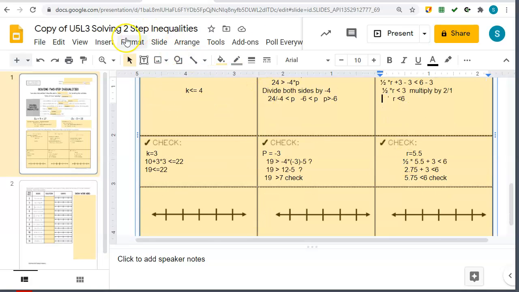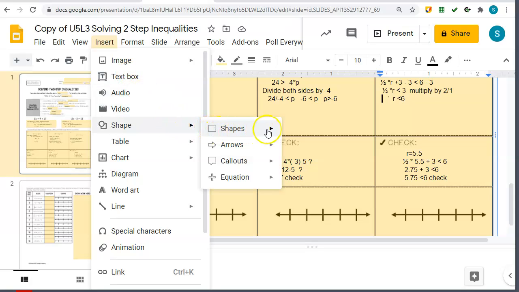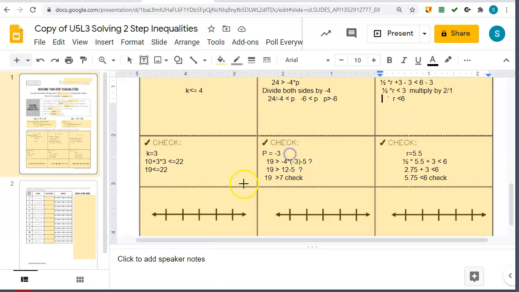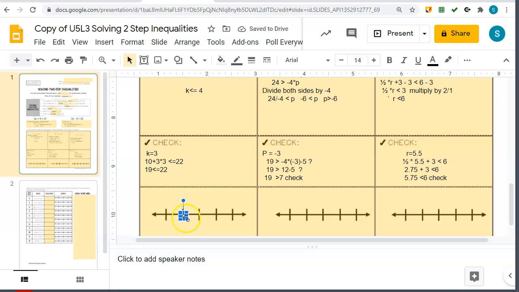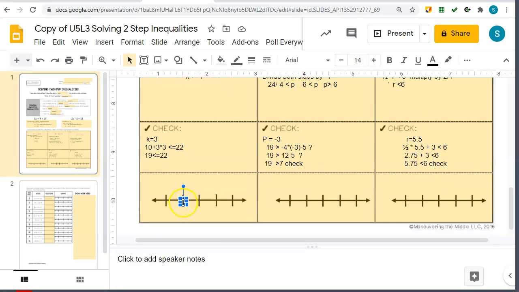Alright, so we want to insert a shape, a circle. I'm going to draw a little circle. Now, one of them is going to be hollow. Actually, 2 of them are going to be hollow.